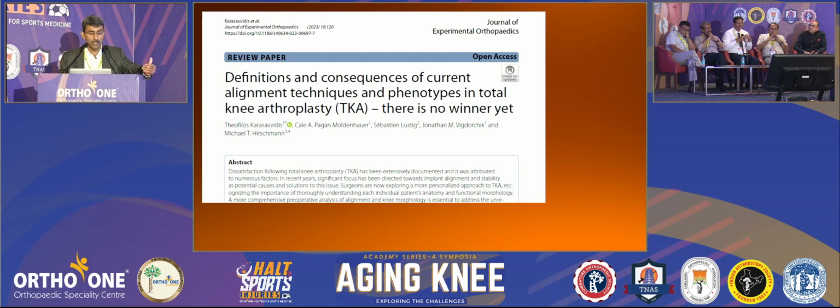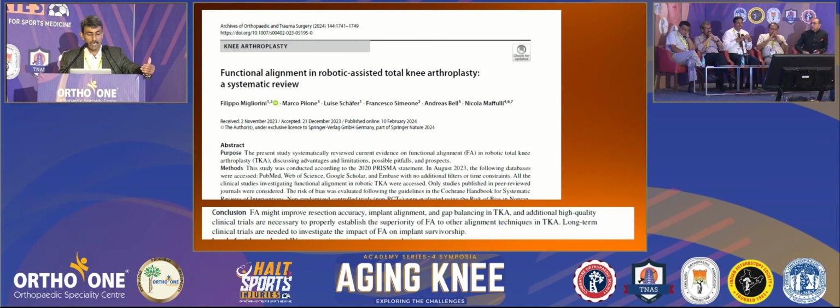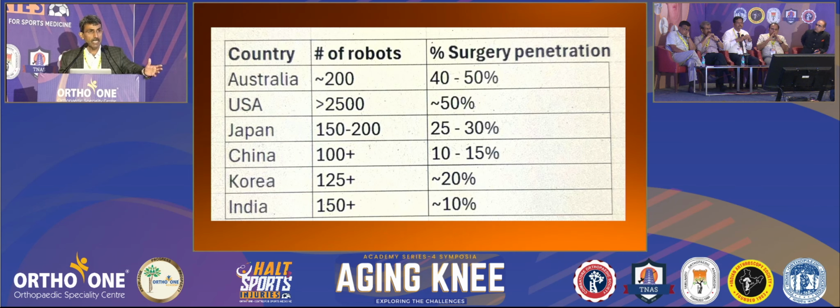Again from Jonathan Vigdorchik and group: functional alignment may improve resection accuracy, but long-term clinical trials are needed to investigate better results. And just to have an overview of how much robotic surgery has penetrated into various countries, even in the US it's only about 50%. Australia it's also about 50%. India is about 10%.